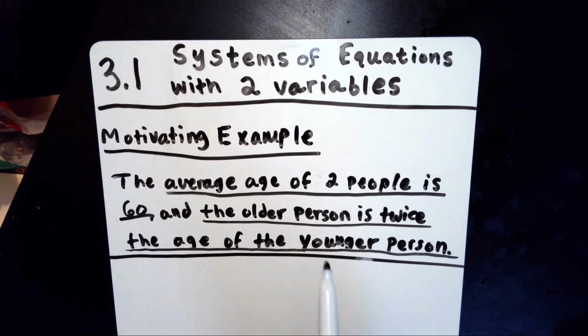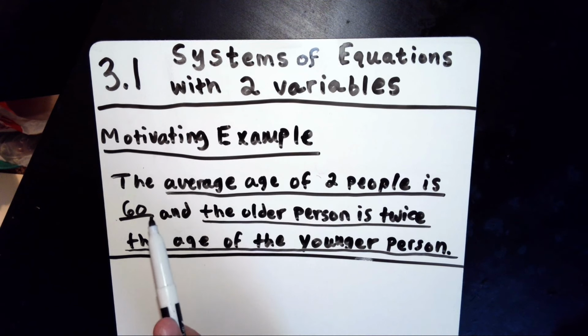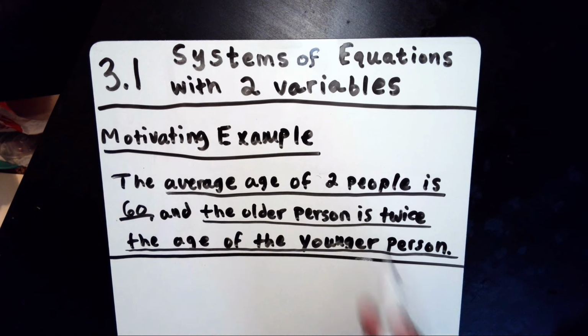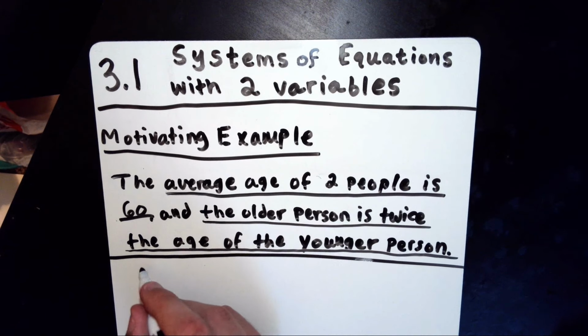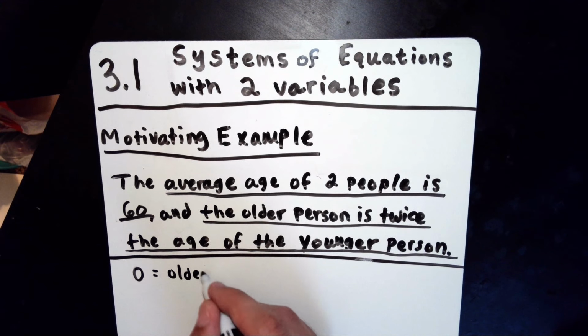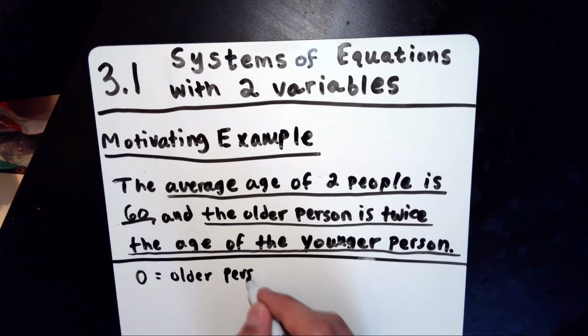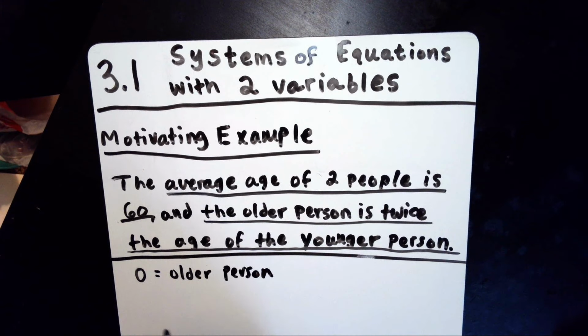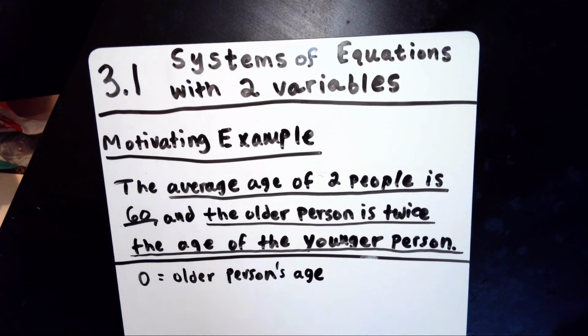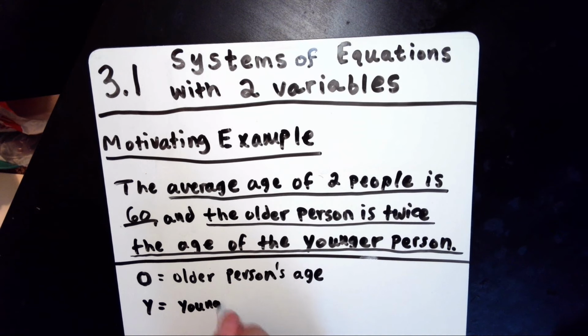And we know their average age is 60, and we know the older person is twice the age of the younger person. So let's lay out some variables. I'm going to say that O will be the older person, and what I really mean is the older person's age, and then I'm going to let Y be the younger person's age.